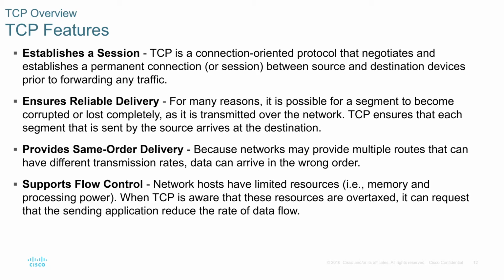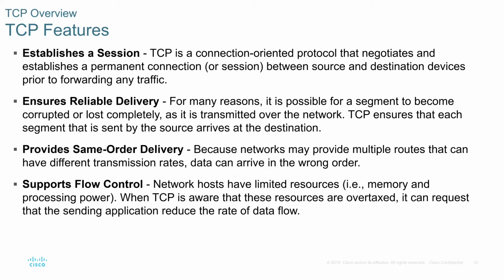When that is sent back, the first host can then respond with an acknowledgement with the second host's sequence number plus 1. Now the two sides are synchronized and transmission can commence. Because of the sequence numbers, this ensures reliable delivery.